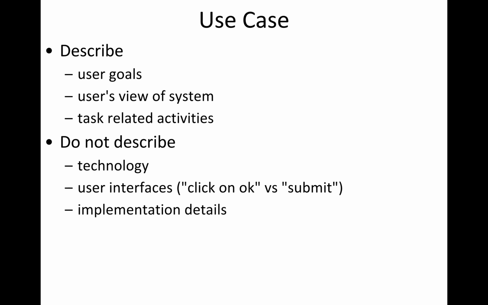We want to be able to describe what goals users are trying to achieve, right? Either we might follow them around all day as they go from one place to another. They fill out a form, they submit a form over there, they check whether the form has been successfully completed.